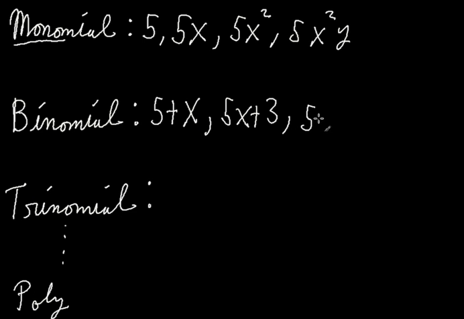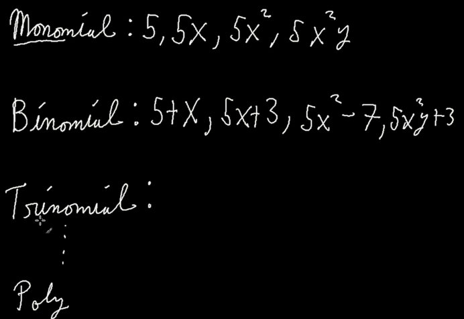How about 5x squared minus 7? This is also a binomial because it has 2 terms separated by subtraction. Let's say we have 5x squared y plus 3. This is also a binomial. It has 2 terms.